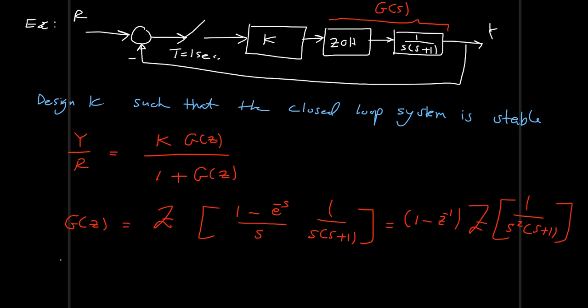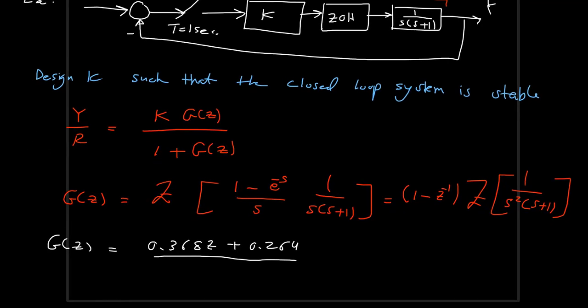Now here G of z will equal 0.368 z plus 0.264 over z minus 1 multiplied by z minus 0.368, sorry.